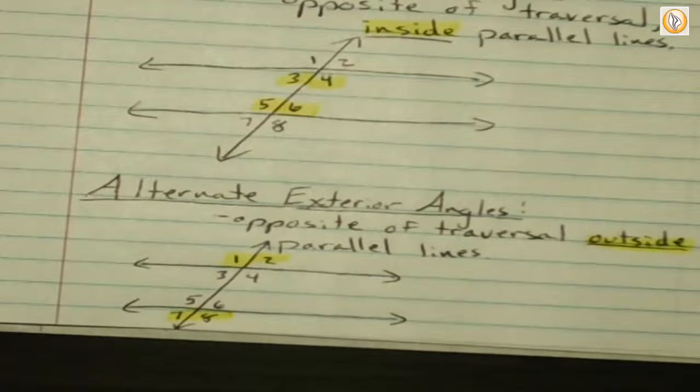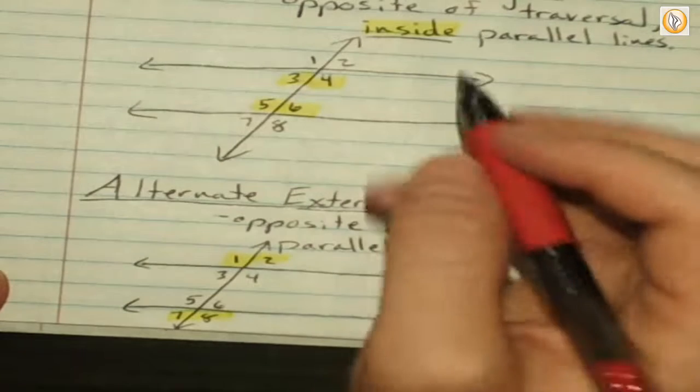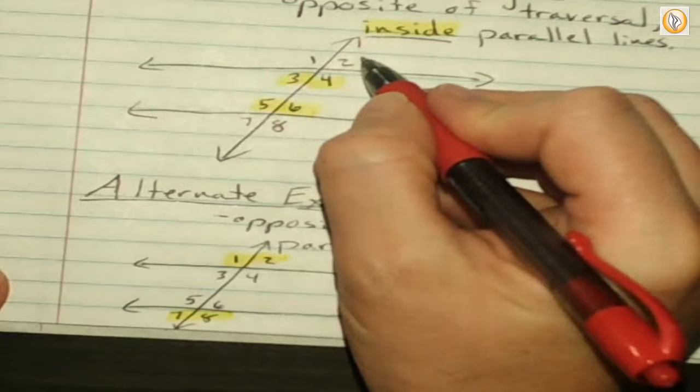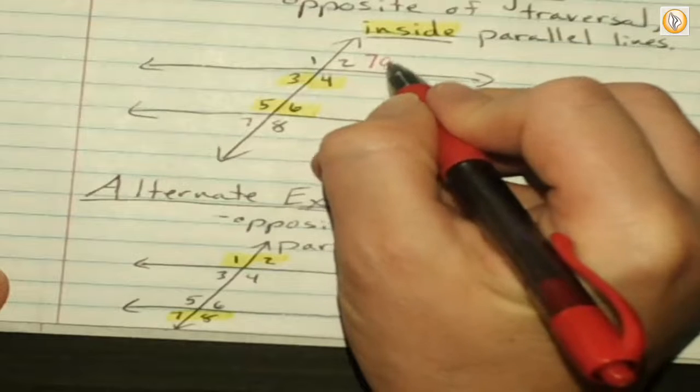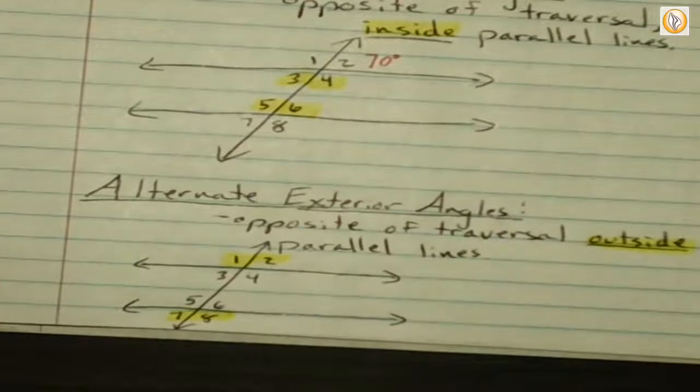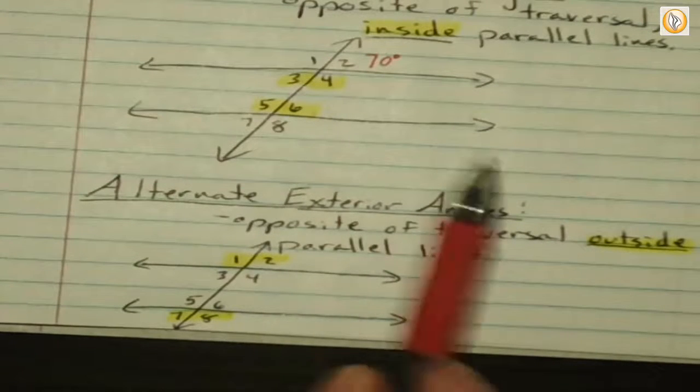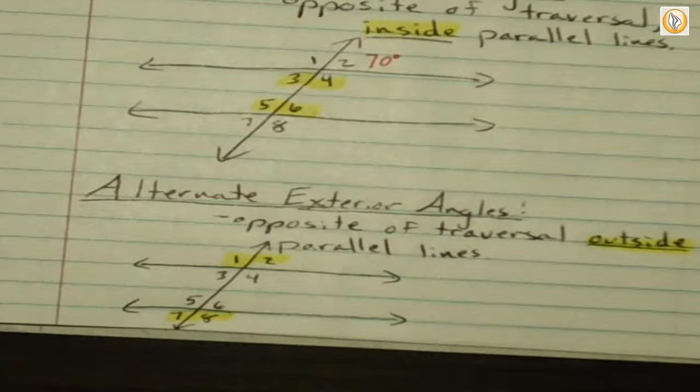With that said, let's pretend angle 2 up here is 70 degrees. And I'm using this one because it's got more room.